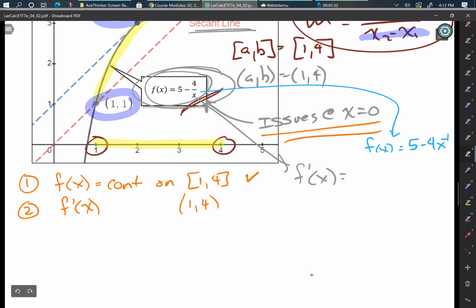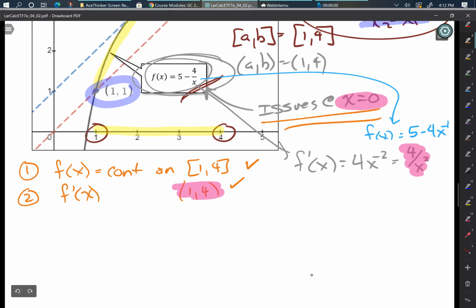And so the derivative is just going to be positive 4x to the negative 2, or if you prefer, 4 divided by x squared. Clearly, that derivative is going to have another issue at 0, but we don't care. So it's good where we care about.